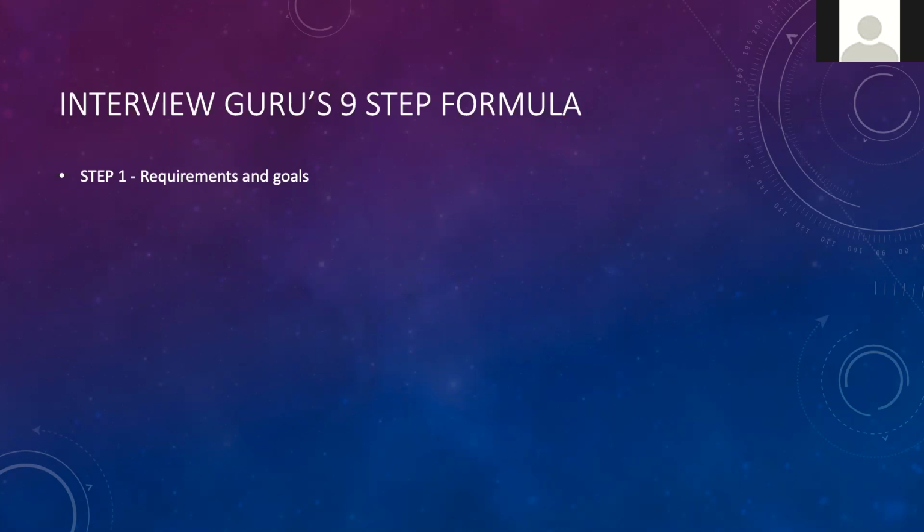Step 1, requirements and goals. In this step, you walk through the various requirements, what exactly you expect the system to do, and make crystal clear what the interviewer has in mind for the system to do. Step 2, the back of the envelope estimate.